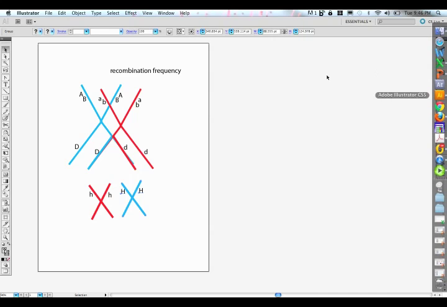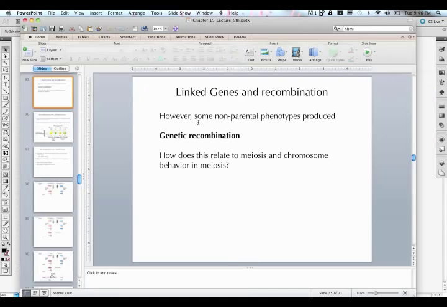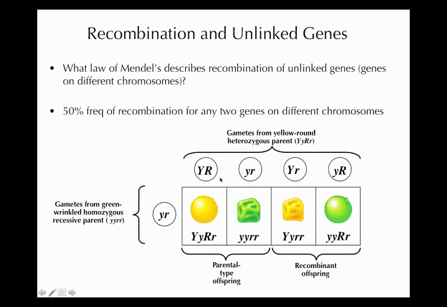So that's important because that's why certain traits travel together, right? Some traits travel together because they're actually encoded by the same gene. So that's one option. The other option is that they're linked. So here we can see that there are certain genes linked in these P's in this case, that we get mostly parental, but we also get some recombinant.